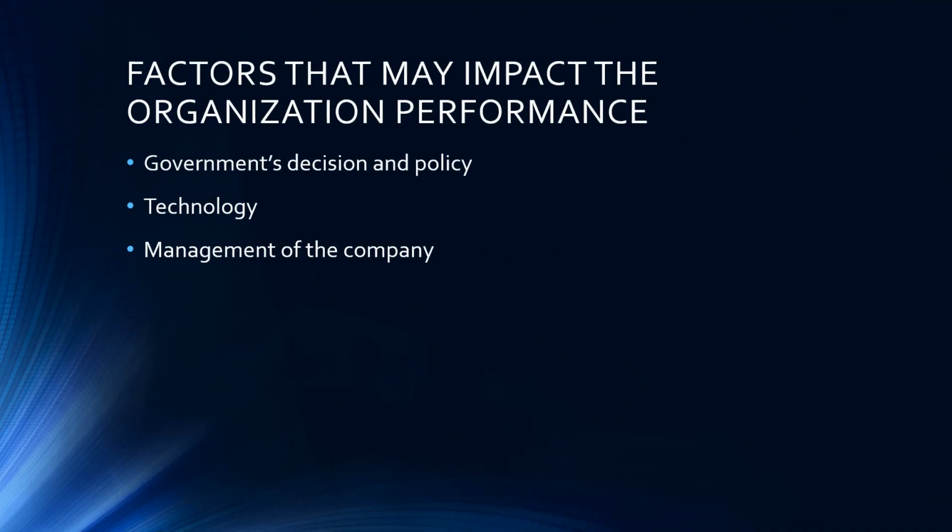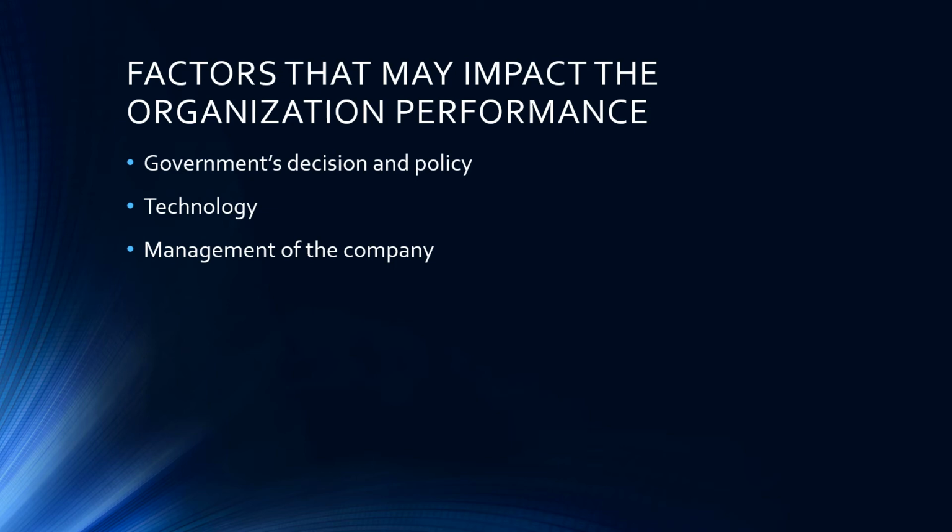Factors that may impact the organization's performance. What I found was governmental decisions and policies, which means we talk about the taxes, we talk about anything that the government can decide on that can affect any organization in the country.